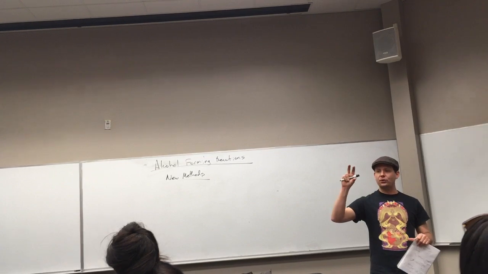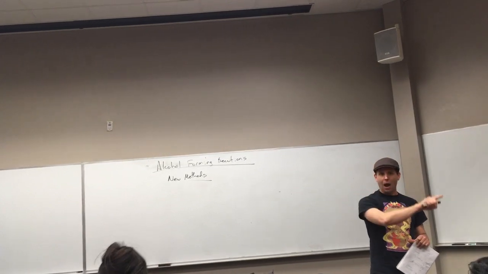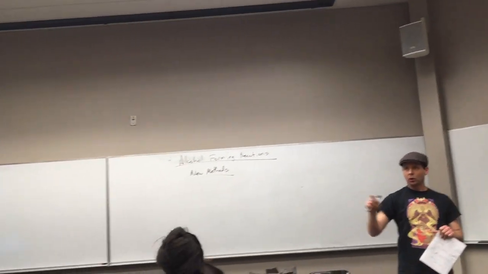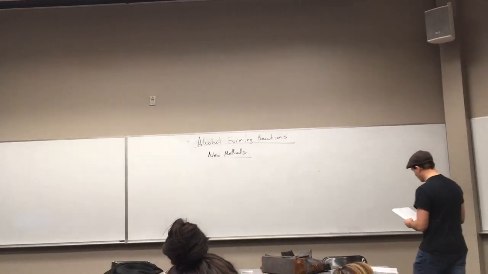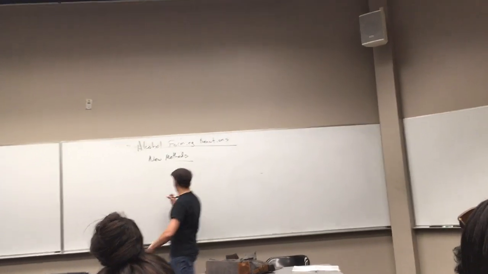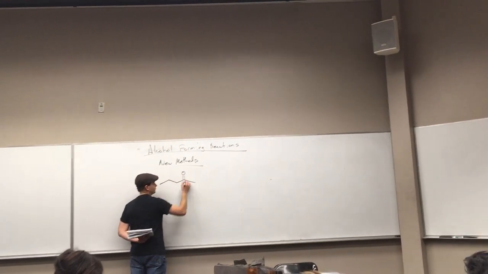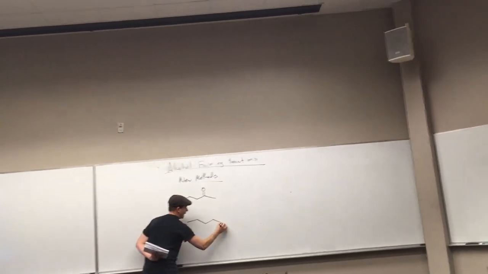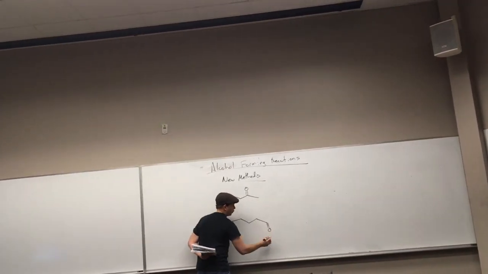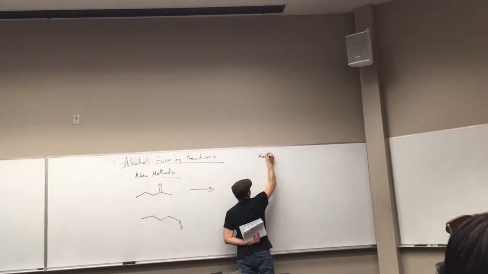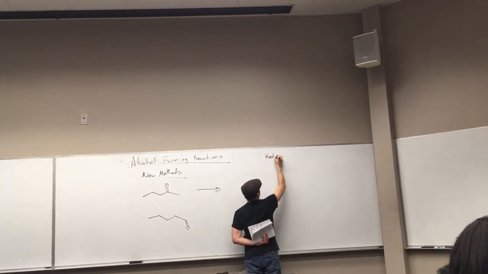I can reduce carbonyls to alcohols, and I can oxidize alcohols to carbonyls. So if I'm trying to make alcohols, I can take things like a ketone or an aldehyde, and I can react those with reducing agents. We are going to have two main reducing agents for carbonyls.